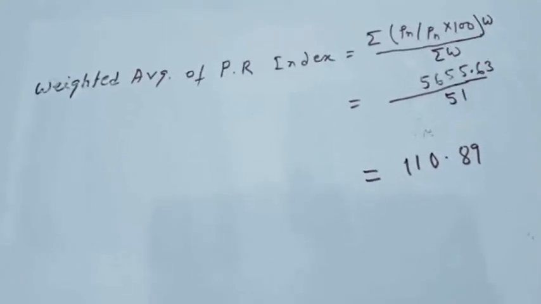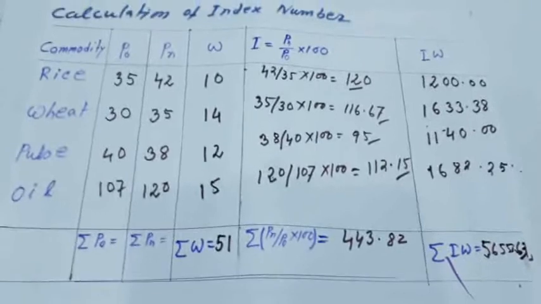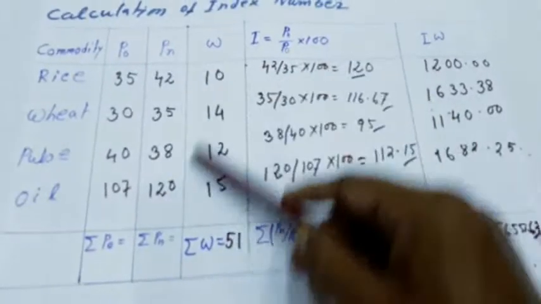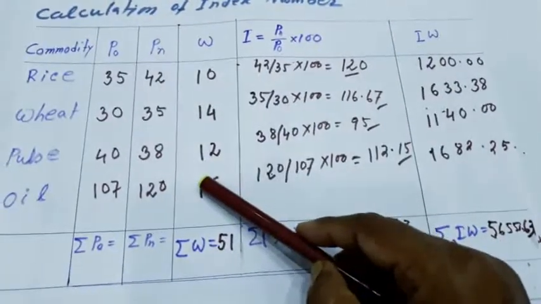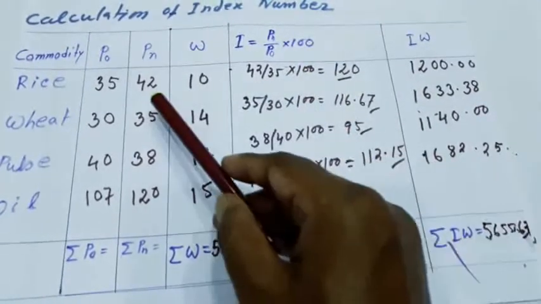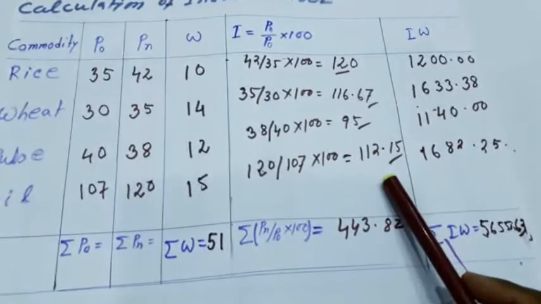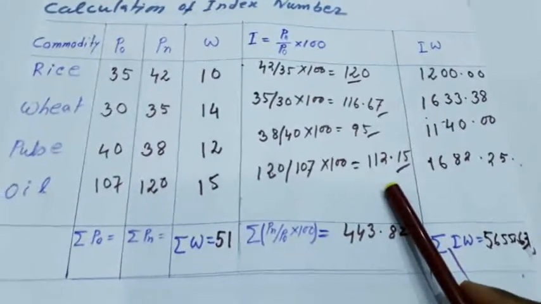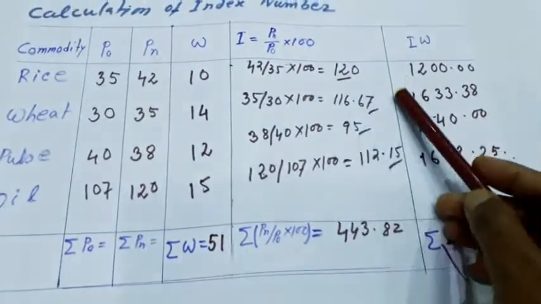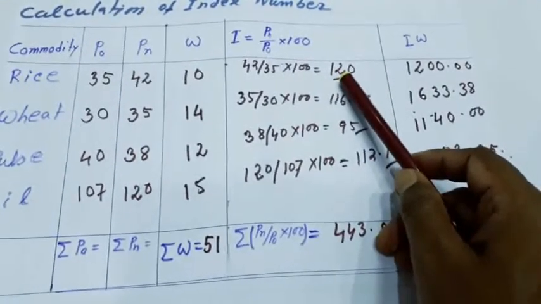This is the result, and this was our final table where there are four goods or commodities: this is the base price, current price, this is the weight, and this is the price relatives. Price relatives are obtained by dividing Pn by P0 into 100. These are the 4 price relatives, and this I represents the price relative, and I have multiplied this 120 by 10.